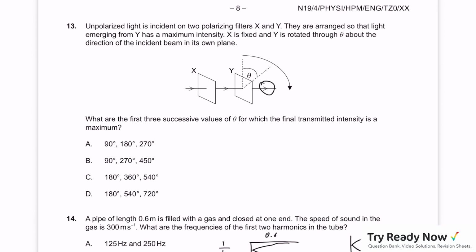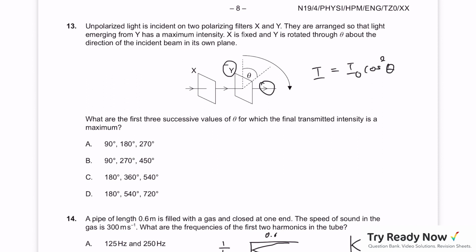So what we're changing between all of this scenario is the angle of Y. And we know intensity is given by this equation, where the intensity outwards is equal to the intensity initially multiplied by cos squared theta, where theta is the angle.